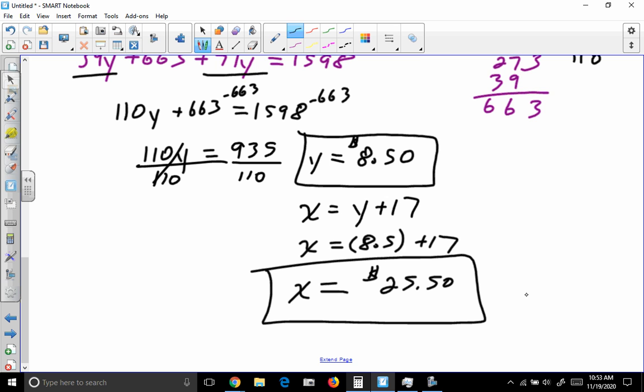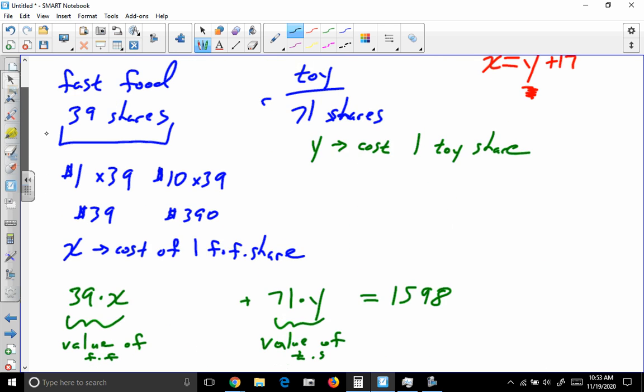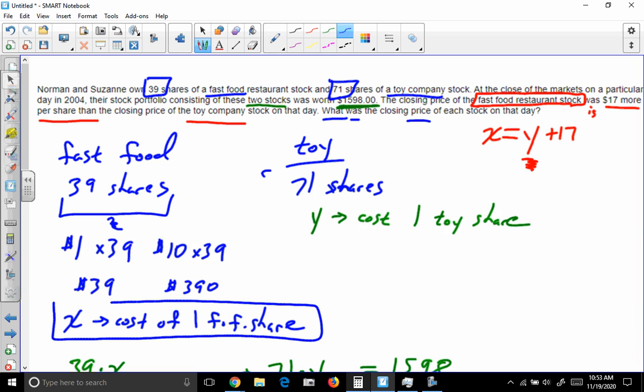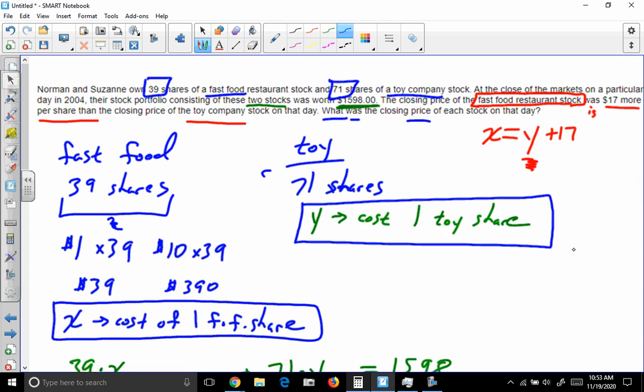So that one was a little messier because of the complexity of our systems of equations. But what we have to recognize is what is x and what is y. x is the cost of one share of fast food stock. y is the cost of one toy stock.